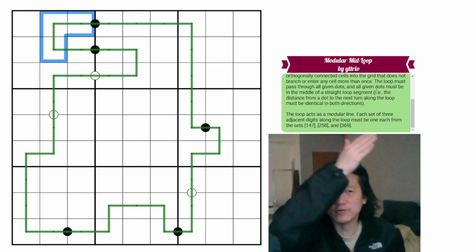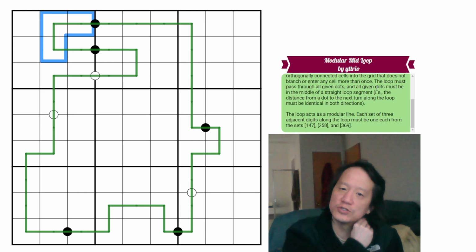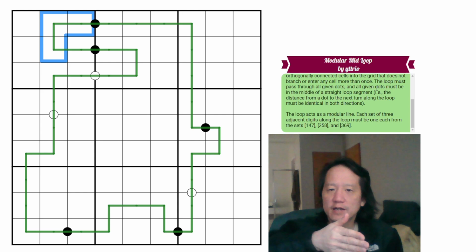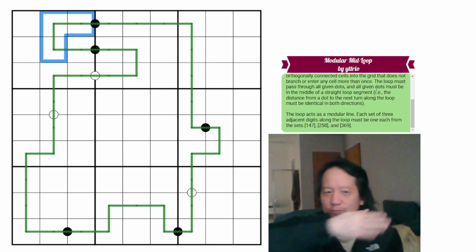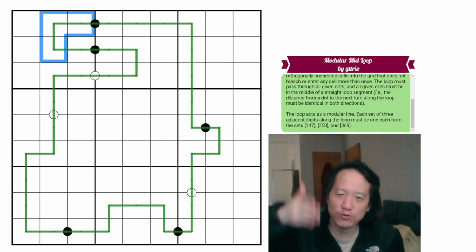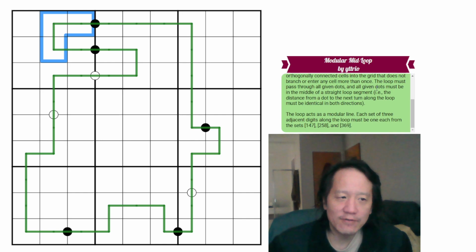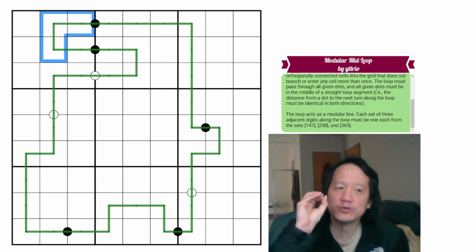And that's how you can figure out the modularity. It's basically 1 mod 3, 2 mod 3, or 0 mod 3. Every 3 adjacent digits on this loop has to have one of each: 1 mod 3, 2 mod 3, or 0 mod 3.